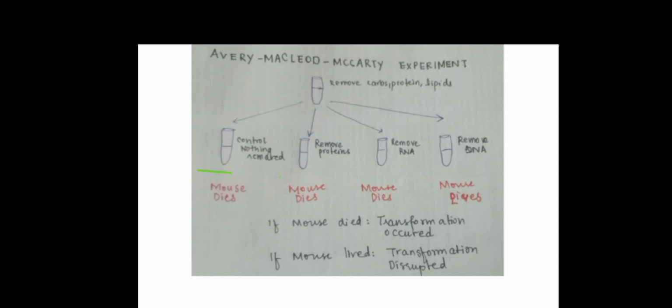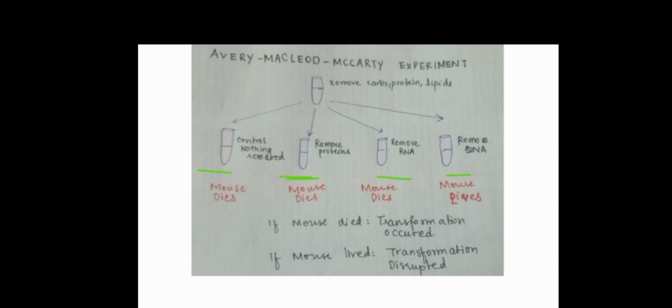In the first sample, they injected the extract filtrate into a group of mice, and all the mice died. It means that transformation had occurred and the filtrate of heat-killed S-type bacteria has the active factor responsible for the transformation. Next, the second sample of the extract.